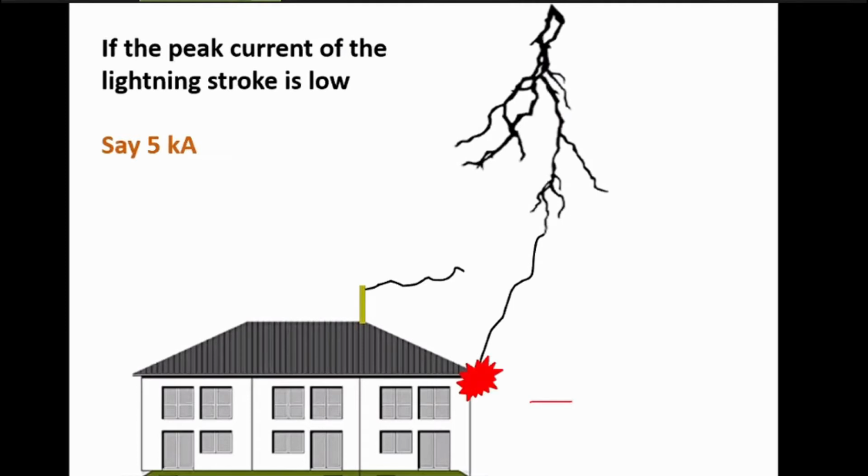Before the answering leader is started from the air termination system, the lightning itself, the step leader, will go down, and by the time the streamer is propagated from the air termination, it has already been attached to an unprotected part of the building. So that's why we define a minimum current that the lightning can interfere with.